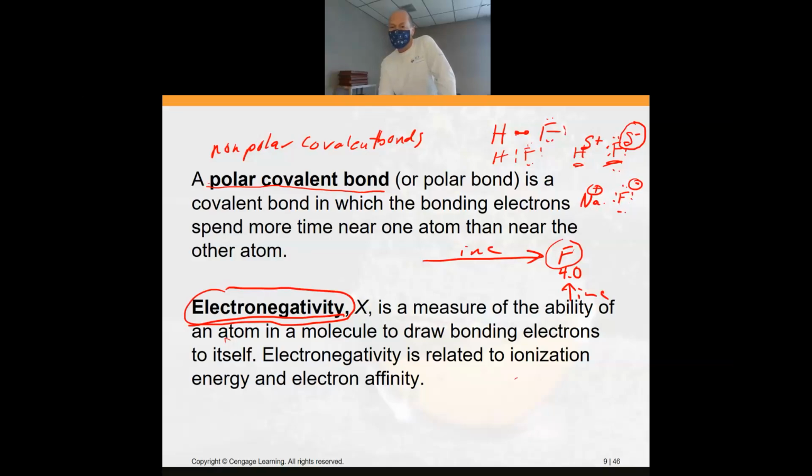NaF, this isn't sharing at all. The electron got transferred to the fluorine. All right, it is not sharing at all. When you have unequal sharing of electrons, then you have your partial plus and minus, and you know that because you have two nonmetals versus a metal and a nonmetal.